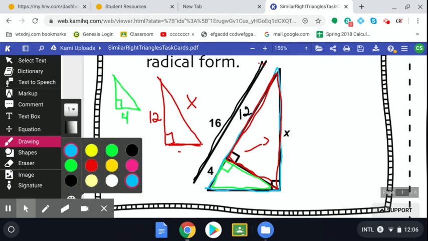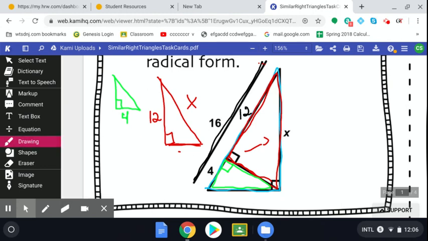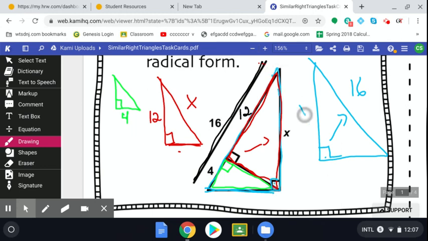So now I am just going to rewrite so I preserve the same orientation as the other two. So the very large one here is the right angle. And this is going to be the shorter leg, which is over here. The hypotenuse is 16. So across from the right angle, it has to be 16. And x is the longer leg of the outside triangle. So I'll put x there.